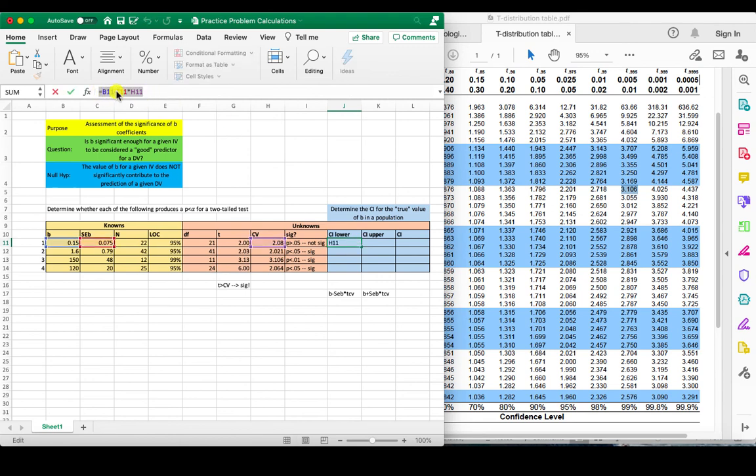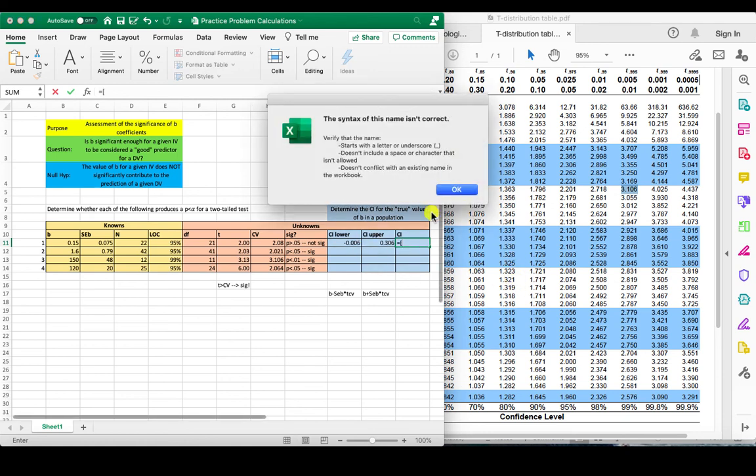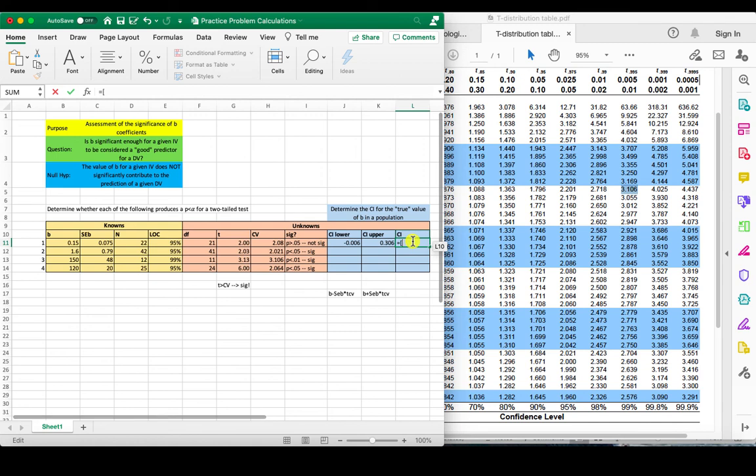If we copy this formula and change that minus to a plus, we now have our upper confidence interval, right? And then this is just going to reflect the values that we got in a bracket format. Okay, so this would be how we actually type out our confidence interval.